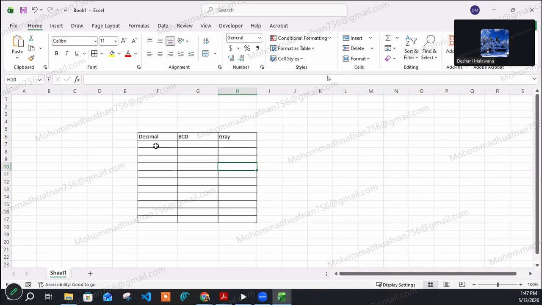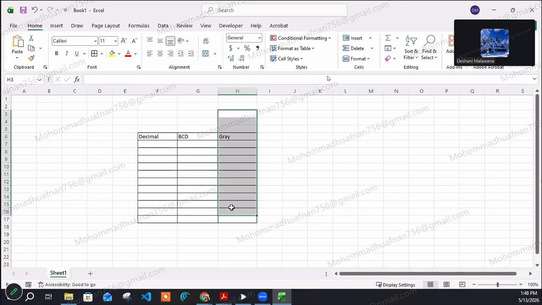In designing converters, whatever the source system is, that means from where you need to convert to which system. If we are going to design a converter for BCD to gray, it is starting from here and the destination is this one.